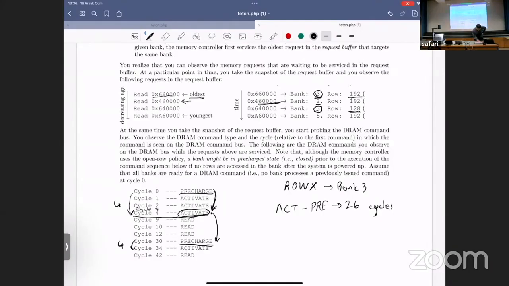There's no reason to expect it to be scheduled at cycle 4, basically. So what I'm trying to say is we know that the pre-charge in the first cycle pre-charged bank 3. And if there is a timing constraint that's, let's say, larger than 3 cycles, which is apparent here, right?